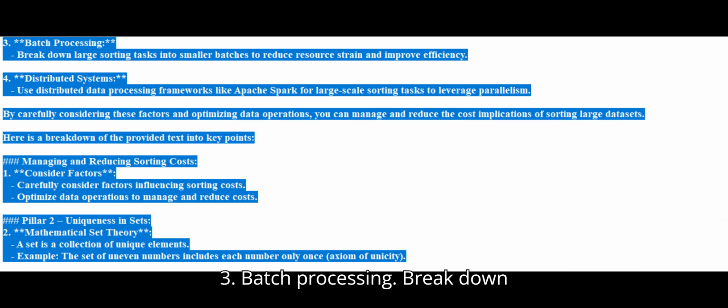3. Batch processing. Break down large sorting tasks into smaller batches to reduce resource strain and improve efficiency. 4. Distributed systems. Use distributed data processing frameworks like Apache Spark for large-scale sorting tasks to leverage parallelism.